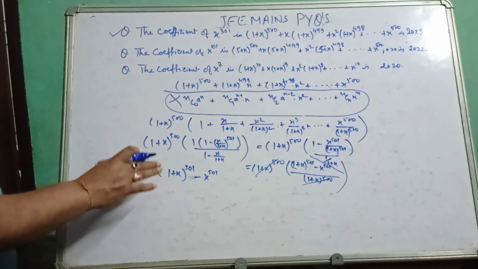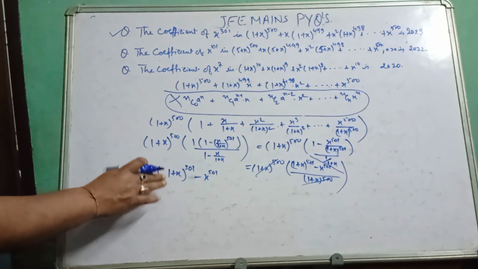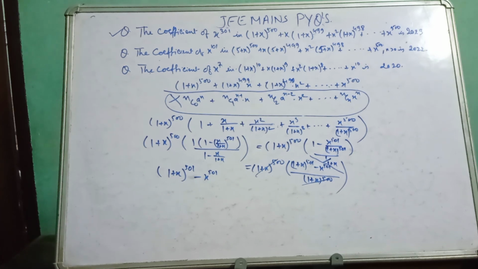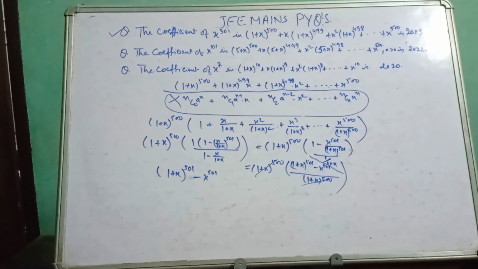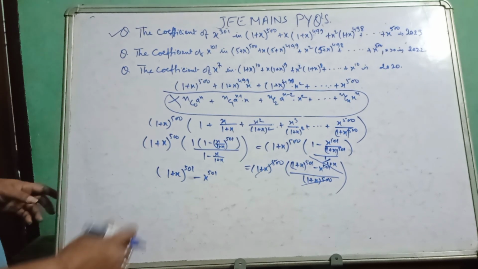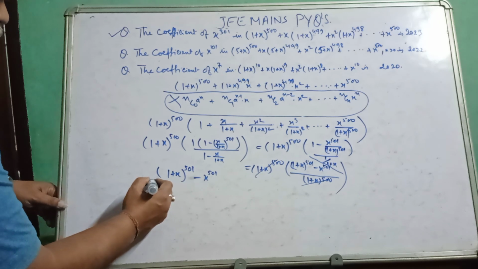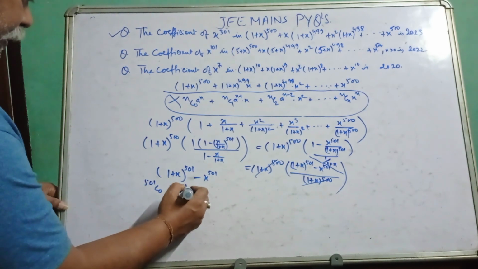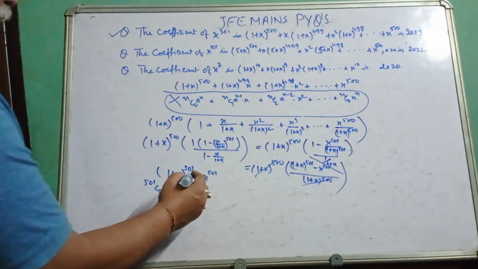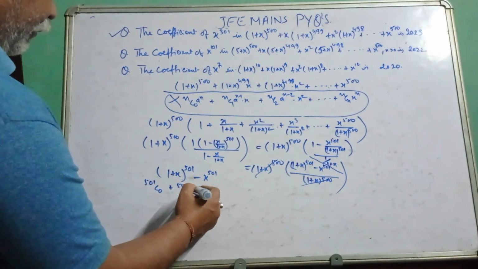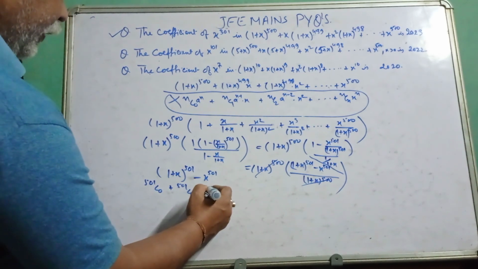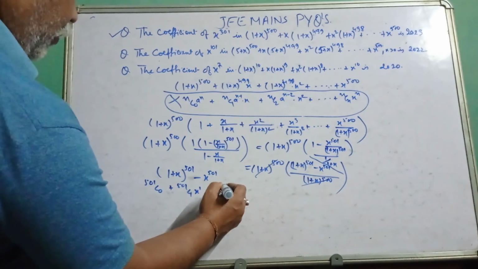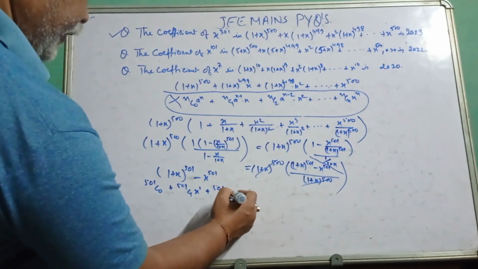So now we are going to expand it by the binomial theorem. When we expand this with binomial theorem, this will be 501C0 plus 501C1 x to the power of 1 plus 501C2 x squared.